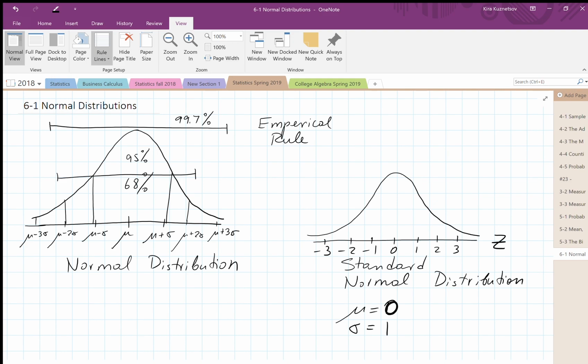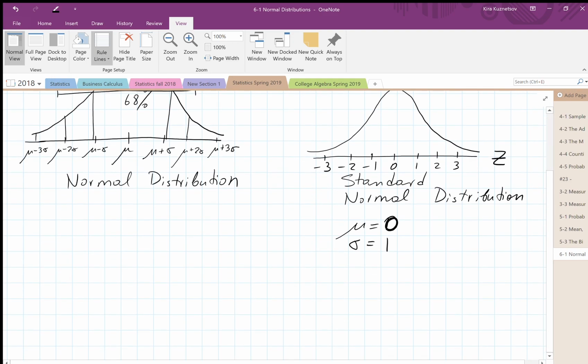Now, this squiggly line is actually a function. So those of you who remember functions from an algebra class, and those of you who studied calculus, will actually find this interesting, because this particular function can be described by this formula.